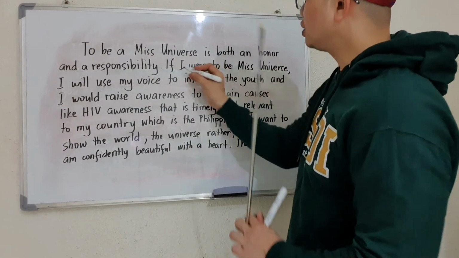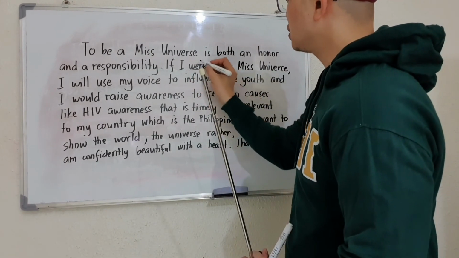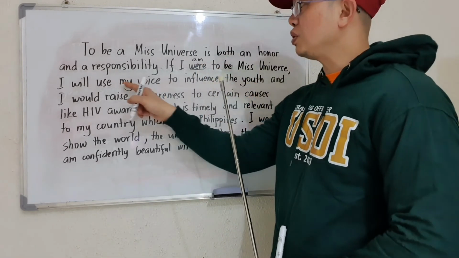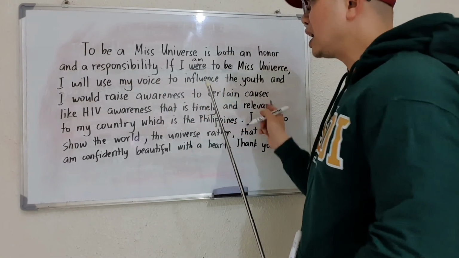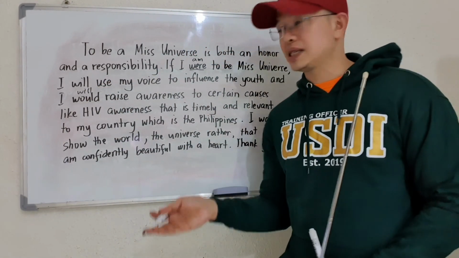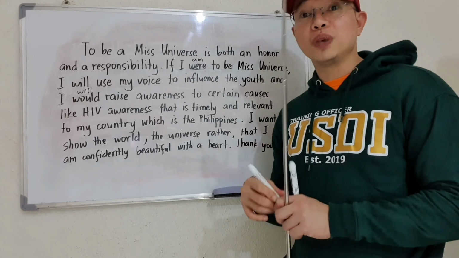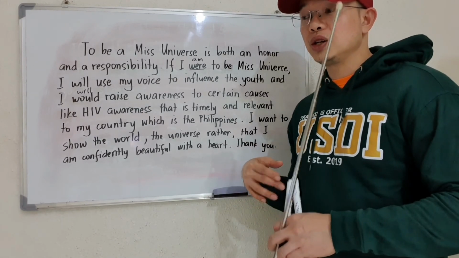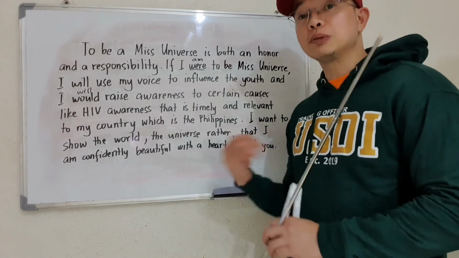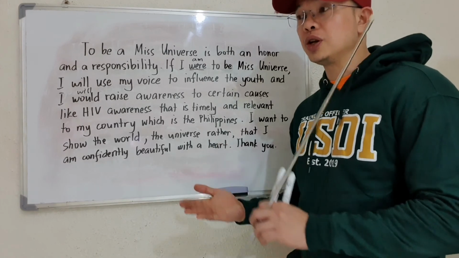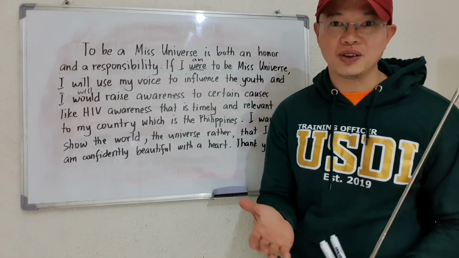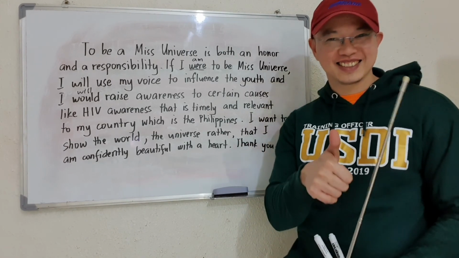So instead of were here, it should be, if I am to be Miss Universe, I will use my voice to influence the youth, and I will raise awareness to certain causes. Why? Because you should be stating something that is possible. So there's a possible condition which can lead to a probable result, which is her winning the Miss Universe 2015. Okay? We got this.